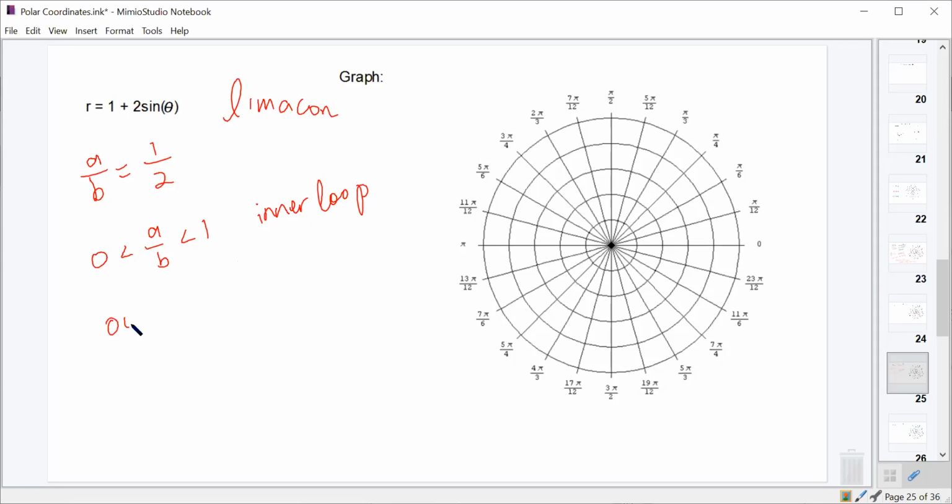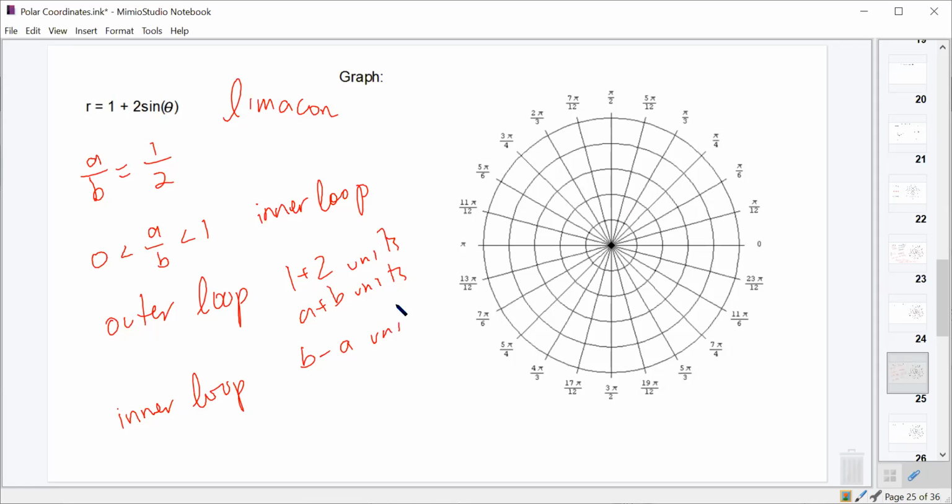The outer loop will extend out into the quadrants where sine is positive because this is plus sine, and it will extend out 1 plus 2 units, or A plus B. And it has an inner loop that will also extend into the quadrants where sine is positive, but it will go B minus A units, or 2 minus 1 units.